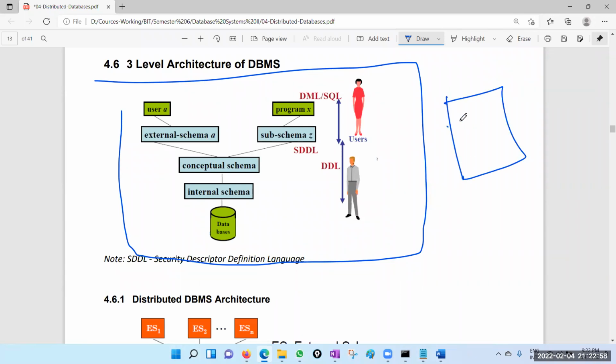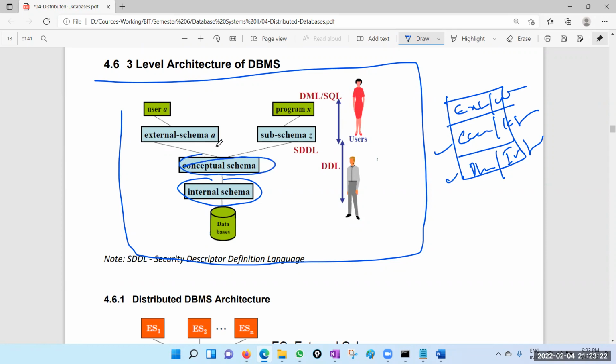We have external or user tier, conceptual or logical tier, and physical or internal tier. Now, if you look at this one, you can see there's an internal tier, right? Conceptual tier. Then in the individual sites, you can have the external tiers, different external tiers as well. Okay.